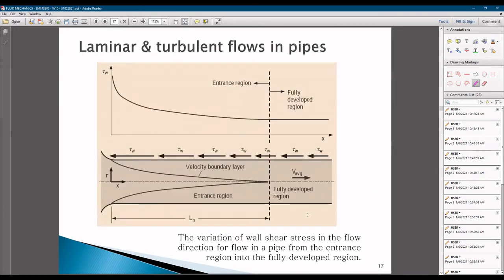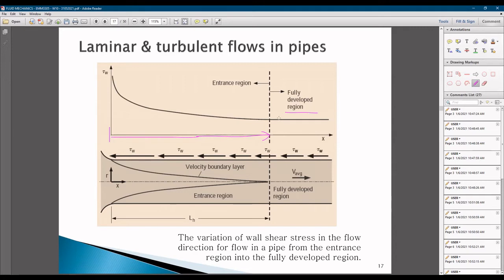This is the variation of wall shear stress in the flow direction for flow in a pipe from the entrance region into the fully developed region. As you can see, from here to this point we call it the entrance region, and from this point onwards it's called the fully developed region.